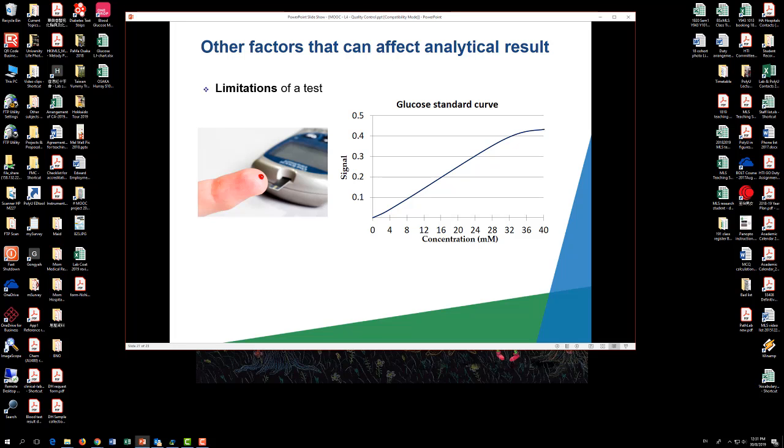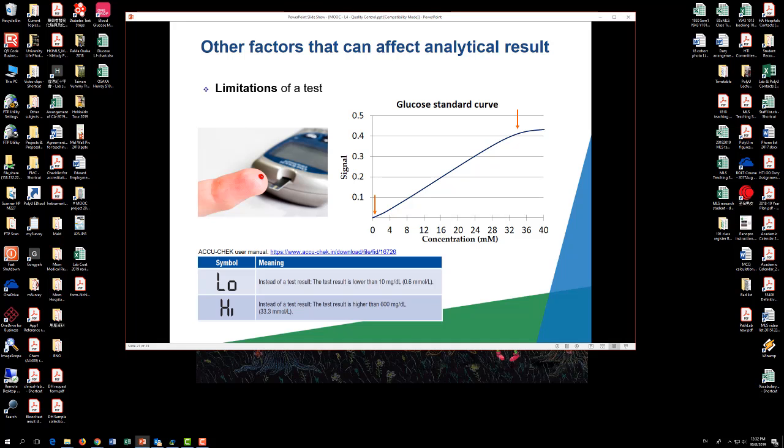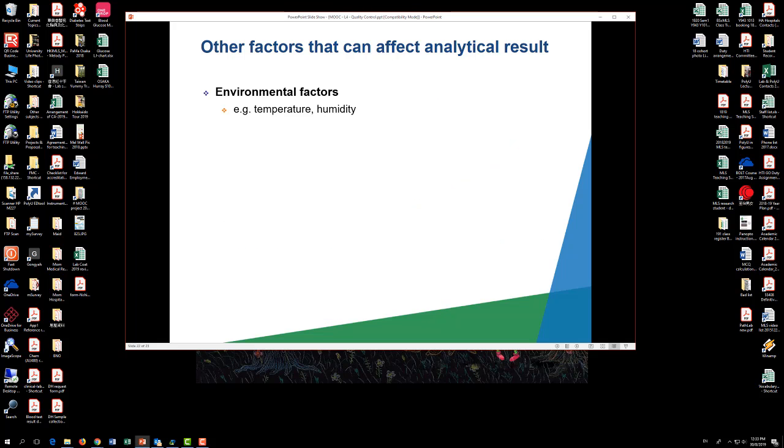It is the same for other analyzers. Take the blood glucose meter as an example again. If the results are lower or higher than the linear range of the standard curve, the results are incorrect. Environmental factors such as temperature and humidity may also affect the result of an assay.